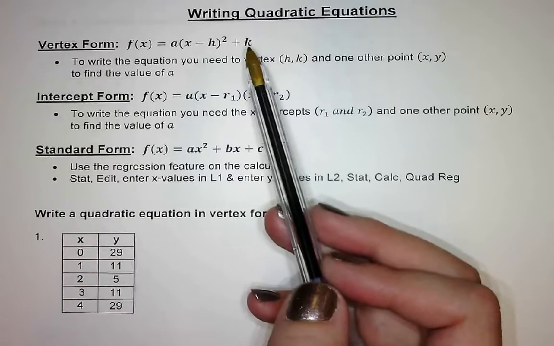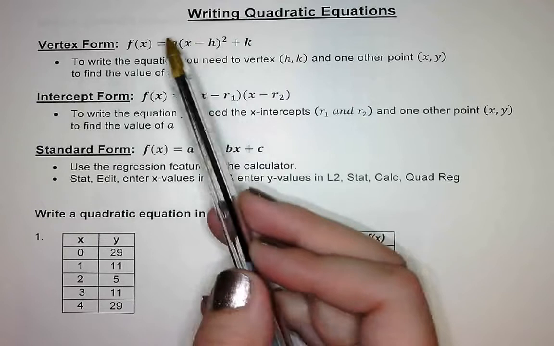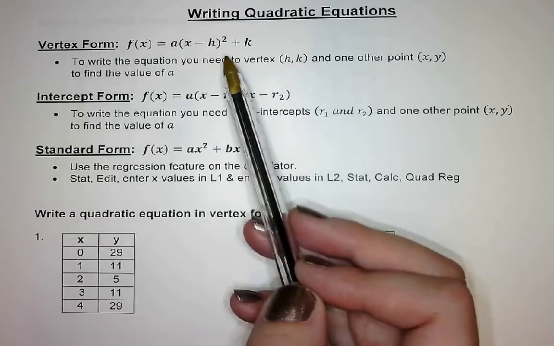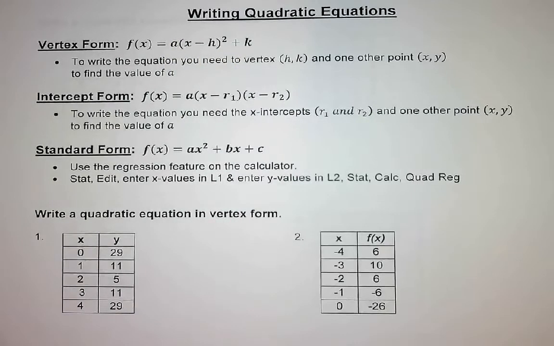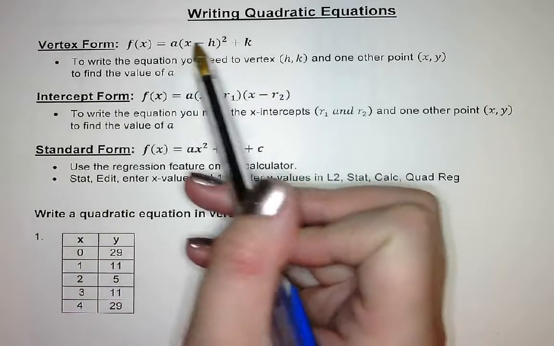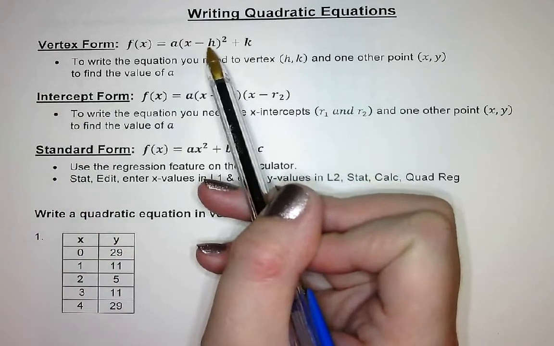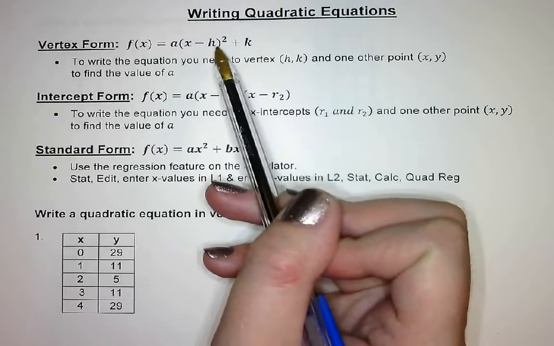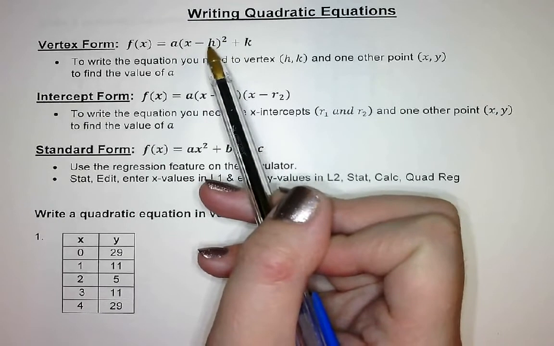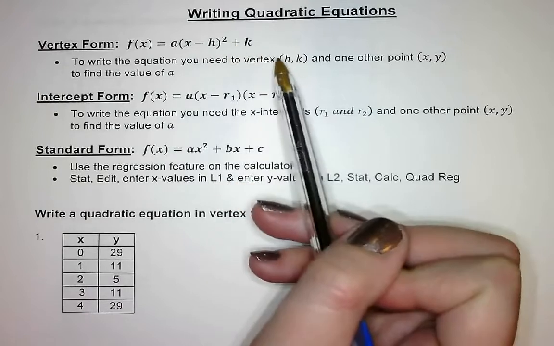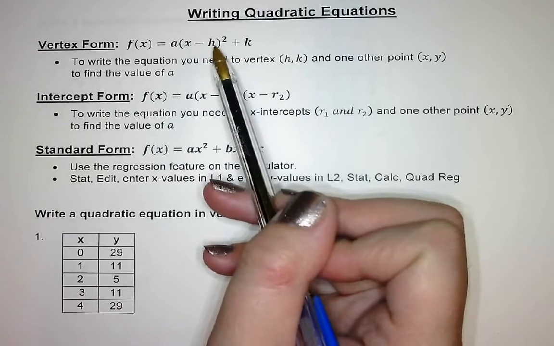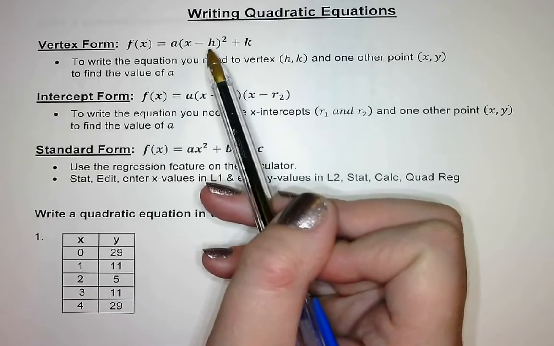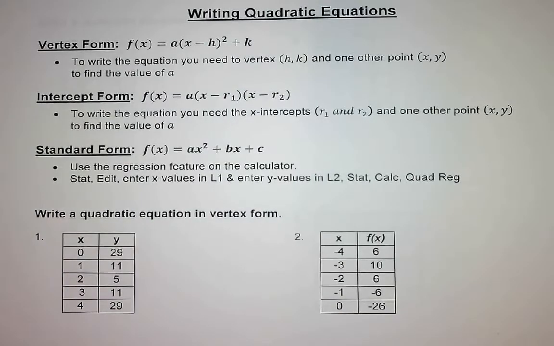One thing I want you guys to pay attention to: when something is inside of the parentheses, it behaves the opposite of what you think, right? So when we take a times x minus h squared plus k, your vertex is a positive h and k. It changes the sign when you take it out, okay?